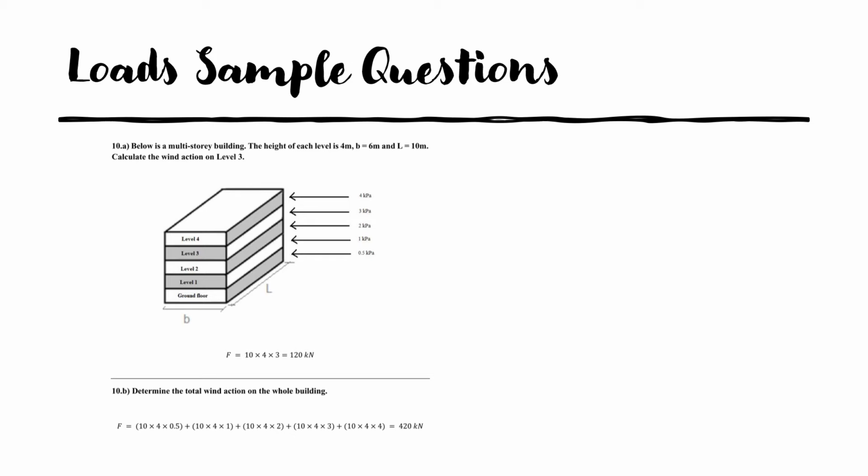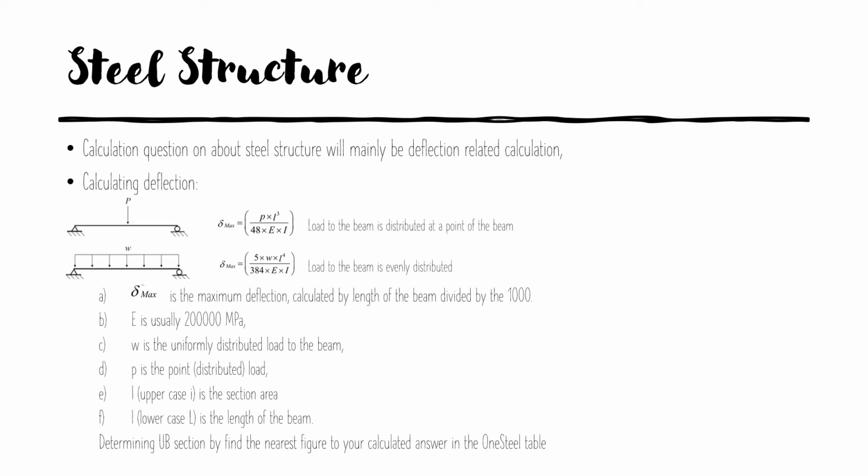Therefore, we simply calculate the wind action of each level and combine them together. After we do the calculation, we can get the conclusion that the total wind action on the whole building is 420 kilonewtons.